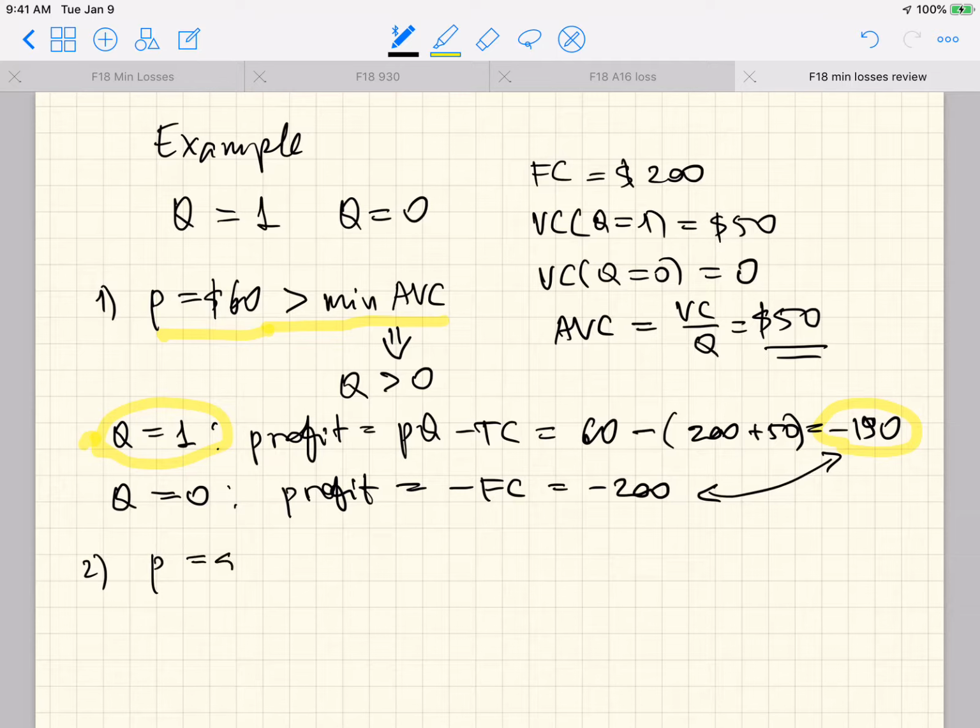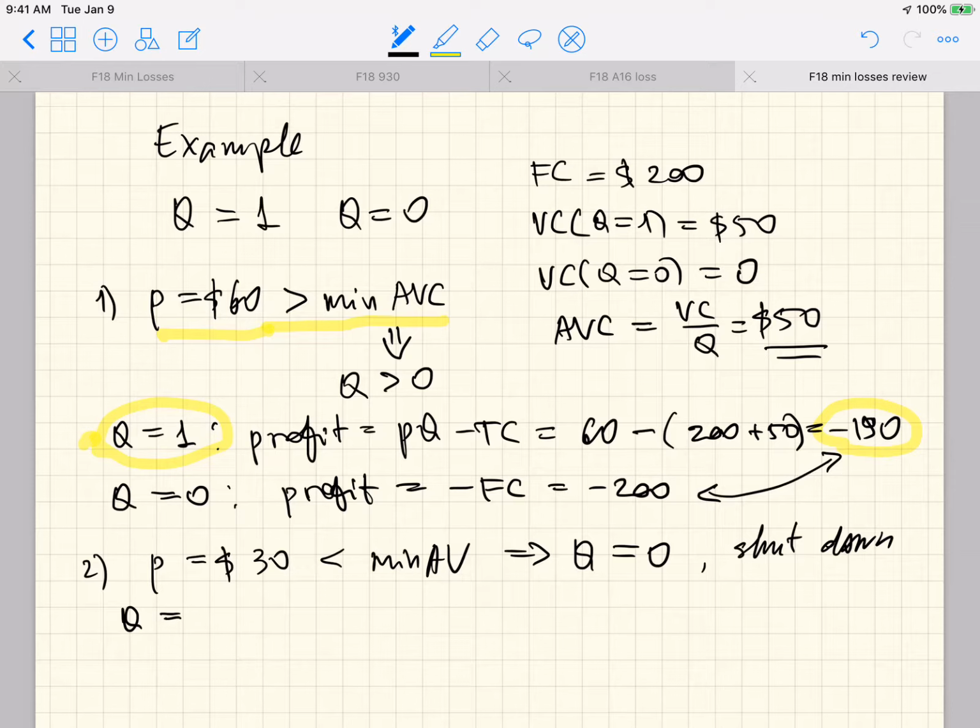All right, next scenario. What if price is actually smaller than minimum AVC? Let's say it's $30. So it's smaller than minimum AVC. So according to the rule, we know that Q should be set at 0, or in other words, we need to shut down. So how do we know it's better? Well, let's go through two possible choices here. So if Q is 0, then profit is negative fixed cost, so we're going to lose $200 per day.